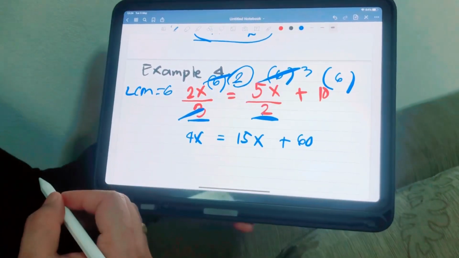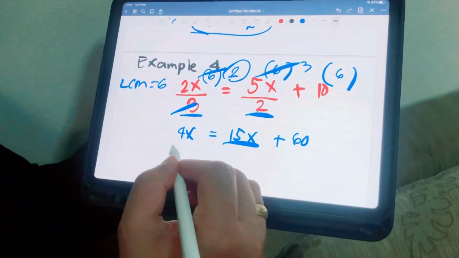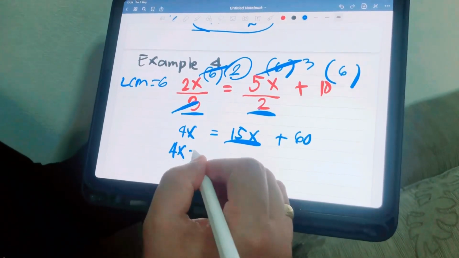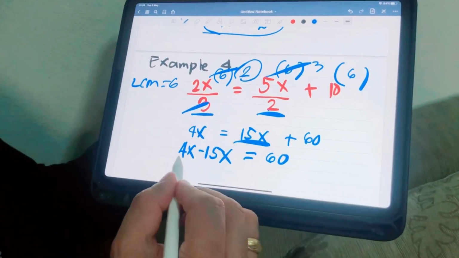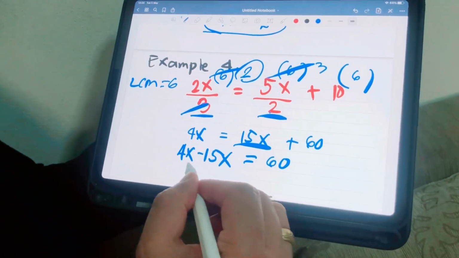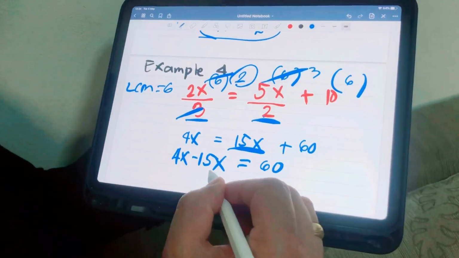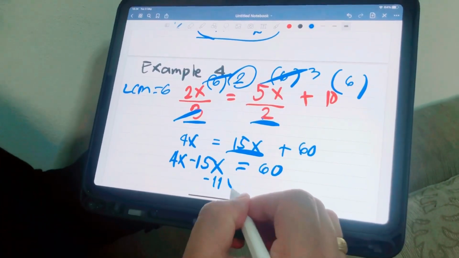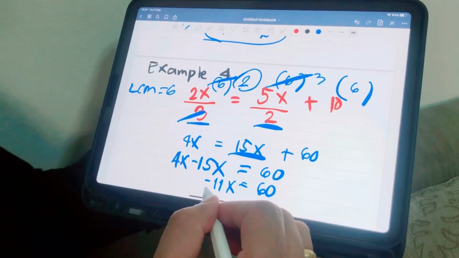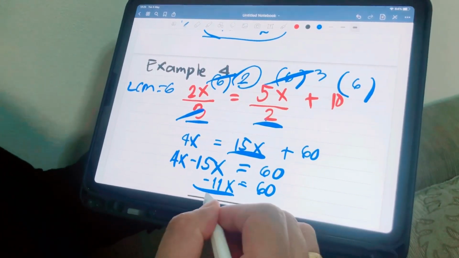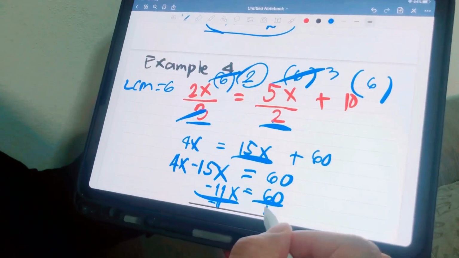So we'll transpose 15x to the other side. So we have 4x minus 15x is equal to 60. We will combine them together, so 4x minus 15x is equal to negative 11x, that is equal to 60. Negative 11 is the coefficient of x, so we will divide both sides by negative 11.